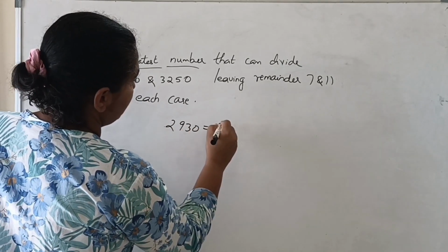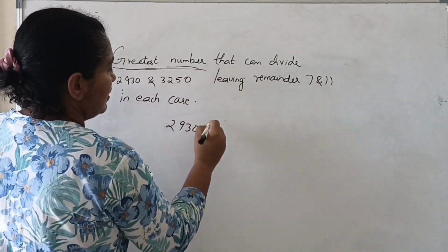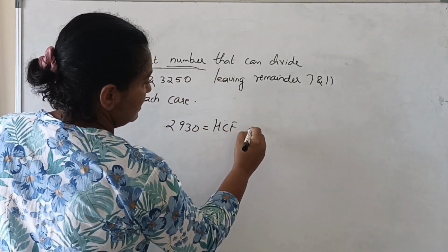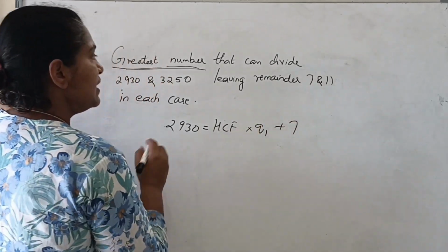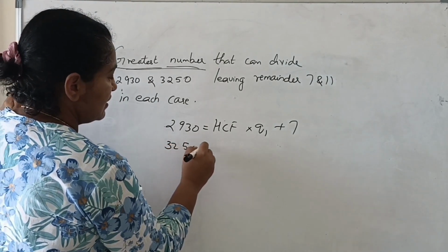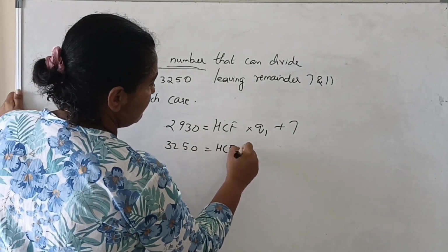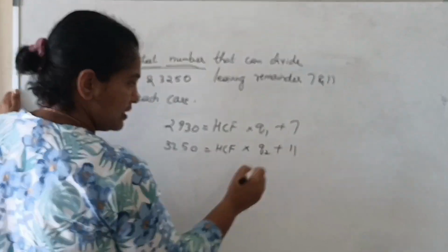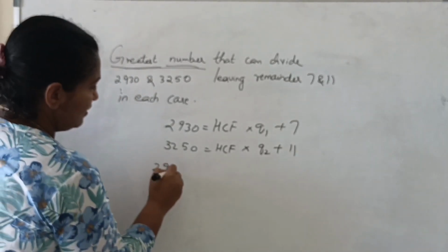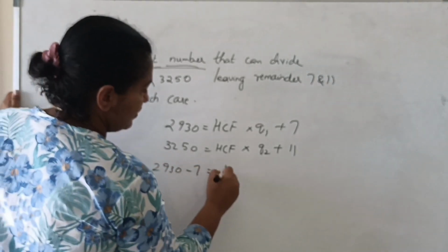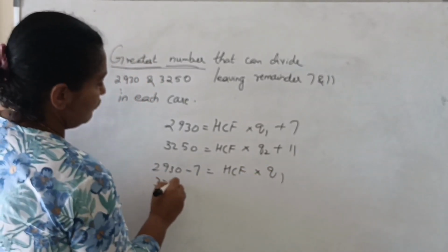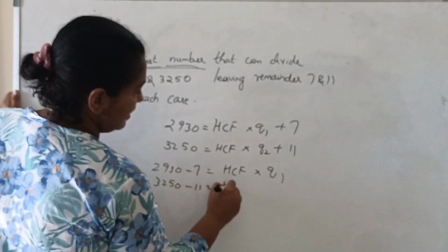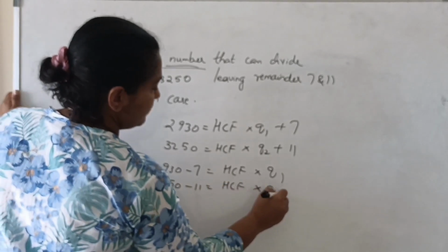So, dividend is equal to, since it is a greatest number, divisor into quotient, a random quotient, plus remainder. In the second case, dividend is equal to divisor into another quotient plus remainder. Now, 2930 minus 7 is equal to HCF into Q1 and 3250 minus 11 is HCF into Q2.